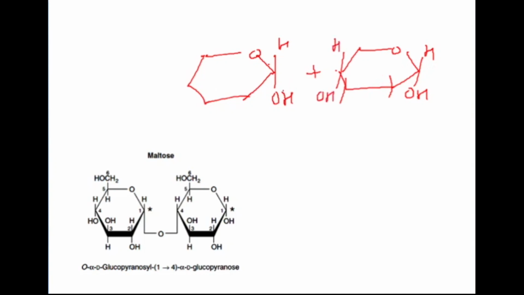So now condensation reaction will take place up here. It will release a water molecule and oxygen will remain. This is the first position, this is the first carbon position. So this will be the shape of the bonding.